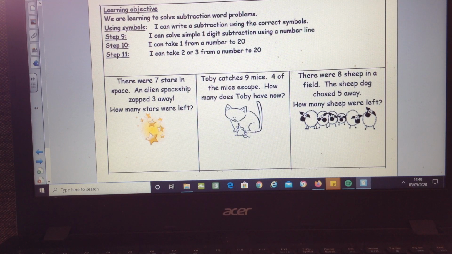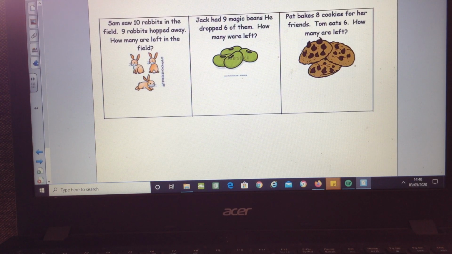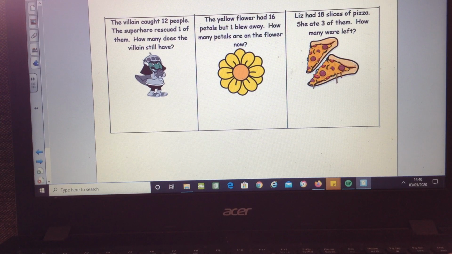That would be fun. You could use objects, or you can use the number lines you have made or downloaded from the website. So there are 9 problems, starting off with smaller numbers, getting up to slightly bigger numbers, and then numbers up to 20 in the last row. That is on the website, or you can take them from here.